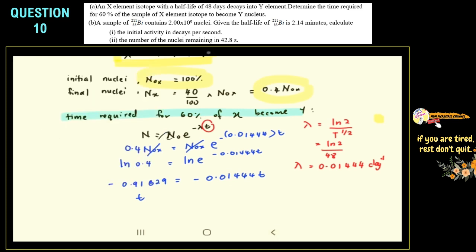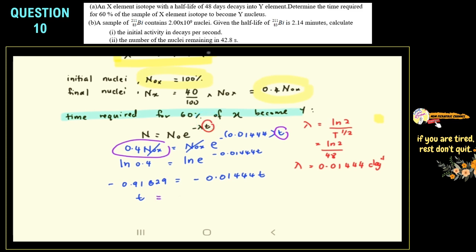That's why dekat sini kita letak 0.4 N naught X. That means final N, n sekarang tinggal 0.4 from its initial N naught X. Boleh faham ya? Therefore, we want to calculate what is T, the time required. Kalau 60% of sample X dah jadi Y nucleus, so sekarang hanya tinggal 40% saja sample X after certain time of T.